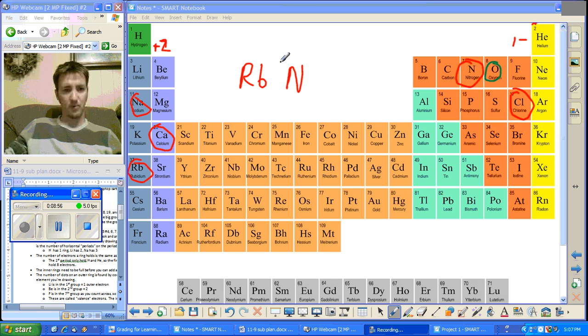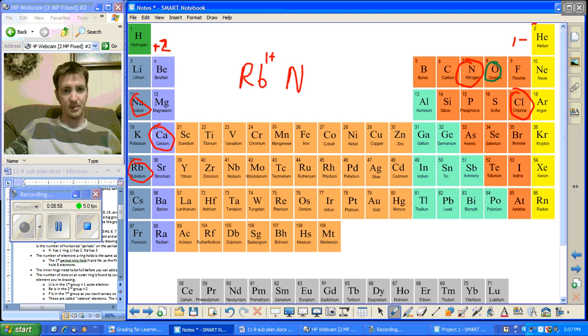Alright, so for these, rubidium has a 1 positive, nitrogen has a 3 negative, because it would need 1, 2, 3 electrons to get to that full outer shell. So I must need 3, just take that number here, put it down there. I need 3 positive 1s. I need 1 negative 3 to make it work. So 3 positive, 3 negative, yay!